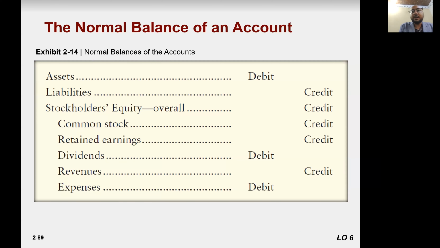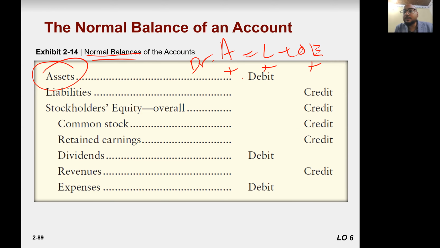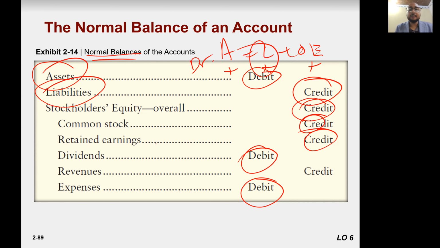So what is the normal balance? I told you, if the question is silent, remember, assets we treat them as increase. Asset increase, debit. If the question is silent, the balance would be debit. Liability, credit. Owner's equity, all credit, except for dividends and expenses, because when they increase, they cause stockholder equity to decrease, so that's why it is debit.